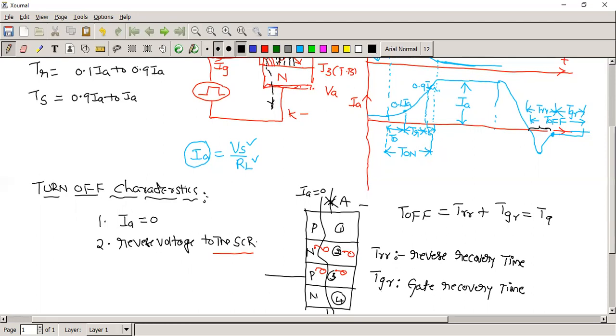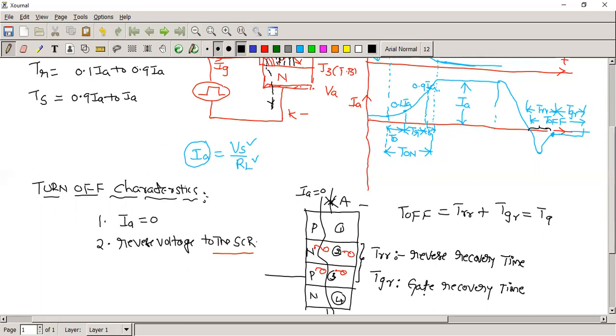The gate recovery time is the time interval in which the recombination of electrons and holes occurs inside the two layers.